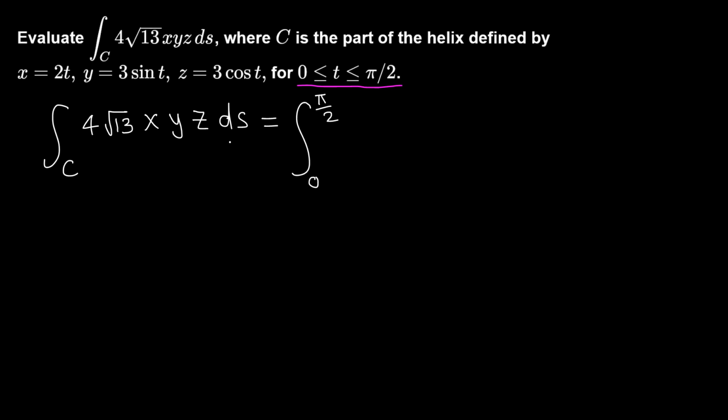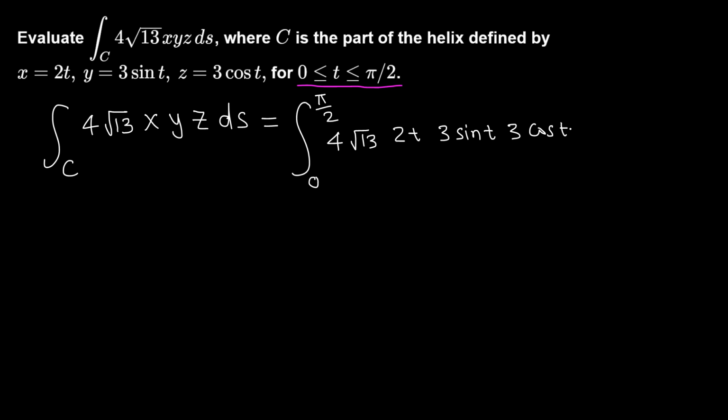We need to write in terms of parameter t. So 4 root 13, x is given by 2t, times y is 3 sine t, times z is 3 cosine t, times, now we have ds, that's the arc length.